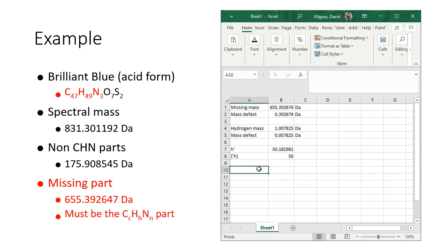The next stage is to calculate the number of carbons using this guesstimate for the number of hydrogens. So we take the missing mass and subtract from that the mass of now 50 hydrogens. And then we divide that residual mass by 12 to get the number of carbons. And of course we have to round that to the nearest integer.